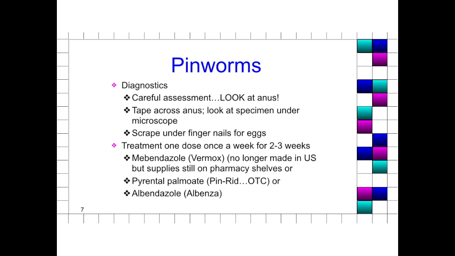But another more common way that we do it is we put a piece of Scotch tape across the anus when the kid is going to bed. And then this is taken off in the morning, and we look at it under the microscope and we can see the pinworms. The physician or nurse practitioner may also scrape under the fingernails and look for eggs.